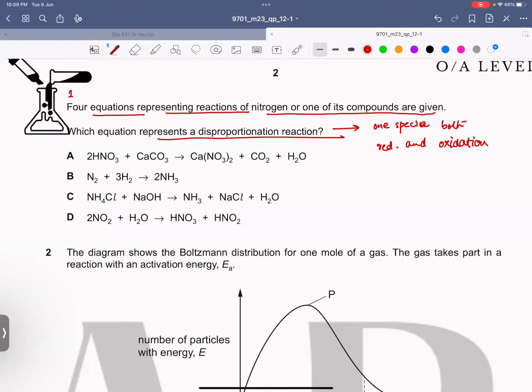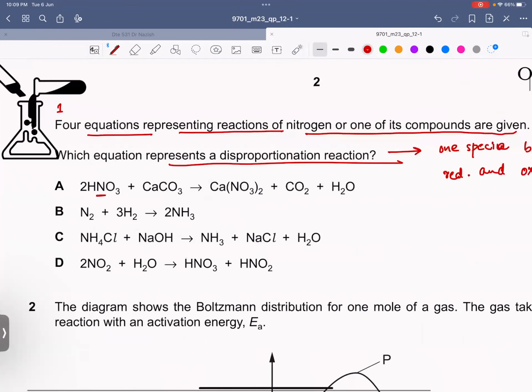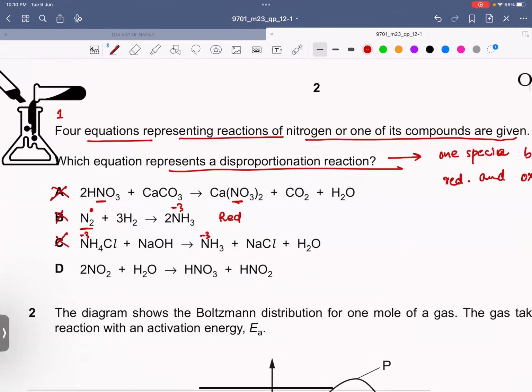So here nitrogen is in both the reactant and product as a nitrate, not a redox reaction. Here nitrogen goes to -3, which means nitrogen only undergoes reduction. So B goes wrong. If you see nitrogen is -3 in both the cases, so yes, C goes wrong as well, which means D is left. So D is your correct answer.